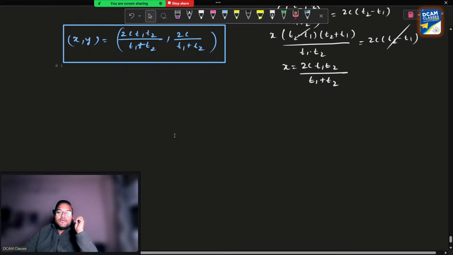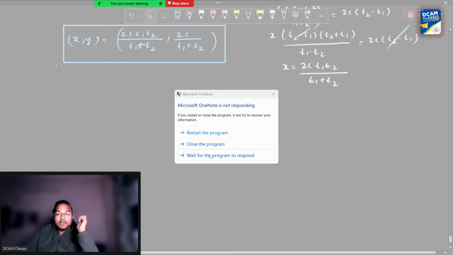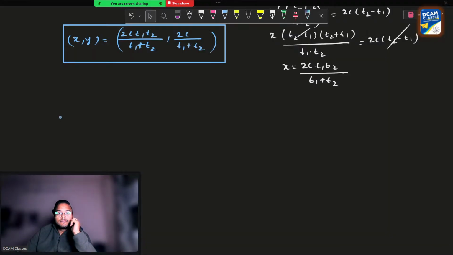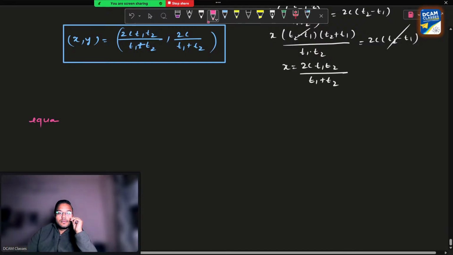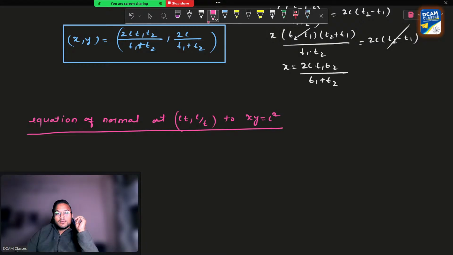Now solve and give me the equation of normal at (ct, c by t) to the rectangular hyperbola. Giving you some time.